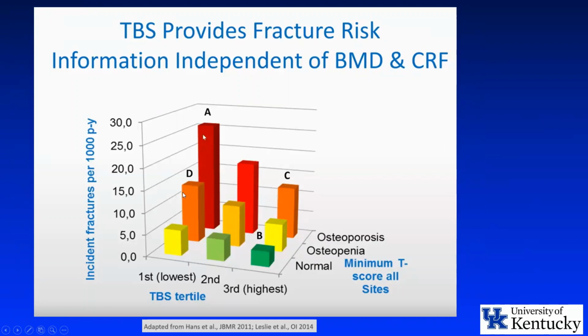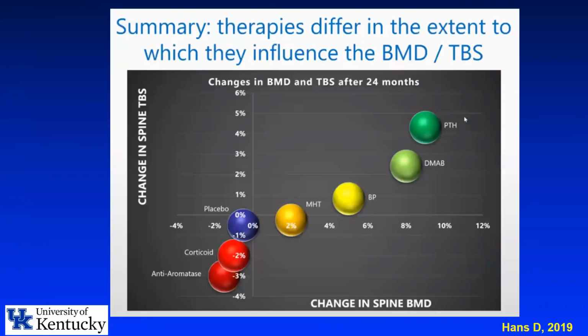TBS correlates with the fracture risk. It helps to better predict the fracture. Combine both BMD and TBS, the trabecular bone score, for better understanding of the bone strength and prediction of the fracture risk.